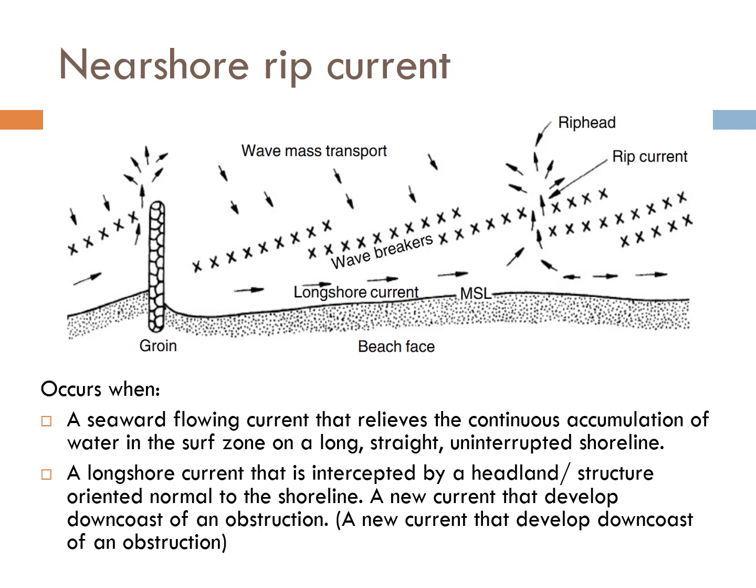Another type of current which is oriented in the onshore-offshore direction is called the rip current.